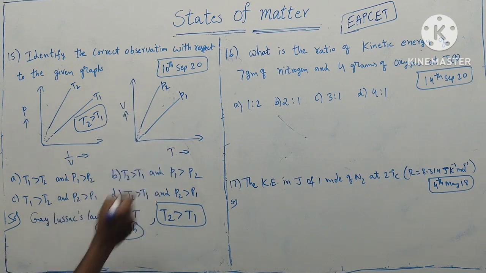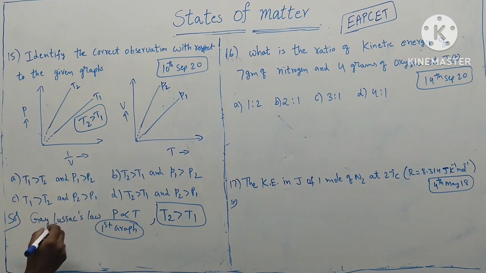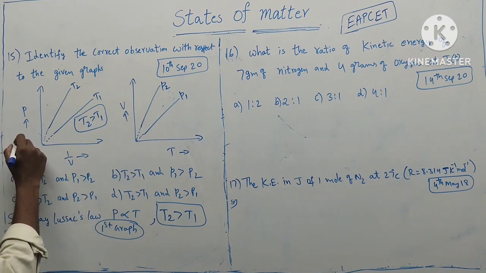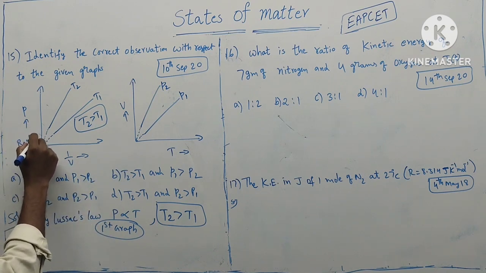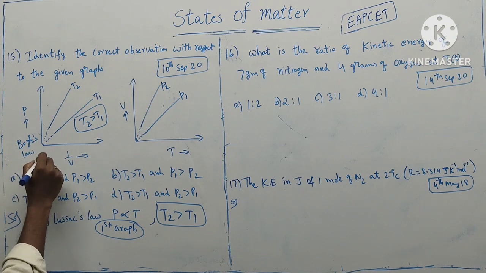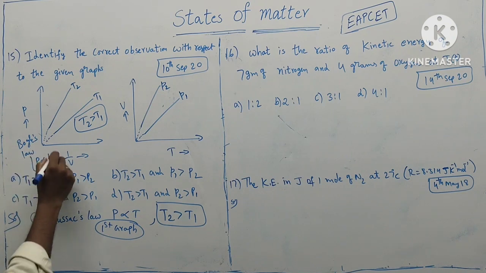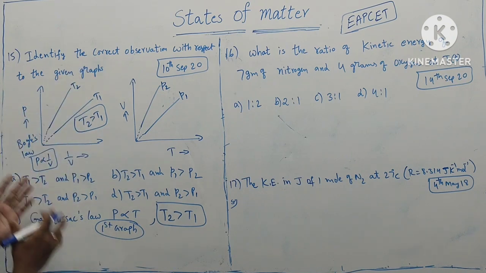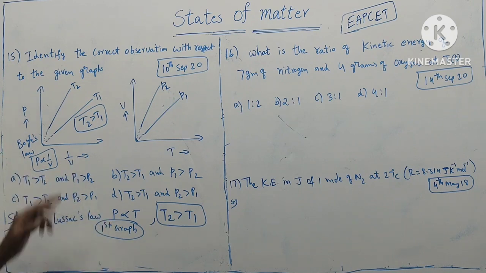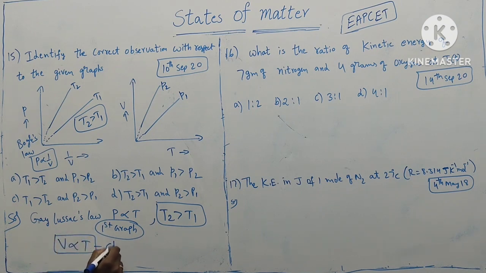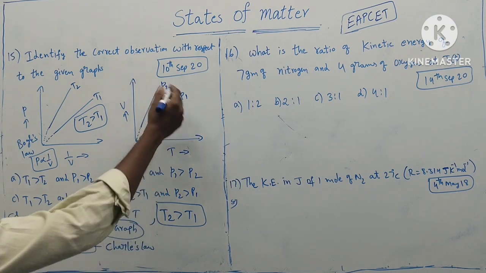For the second graph, it is Boyle's law. P is inversely proportional to volume. P increases, 1 by V increases. P increases, V decreases. Next, V is directly proportional to temperature at constant pressure, which is Charles' law.